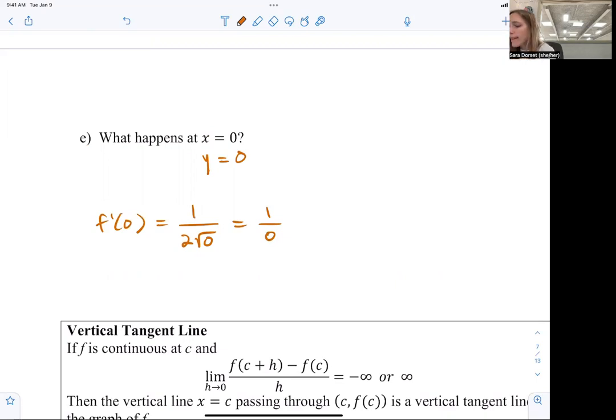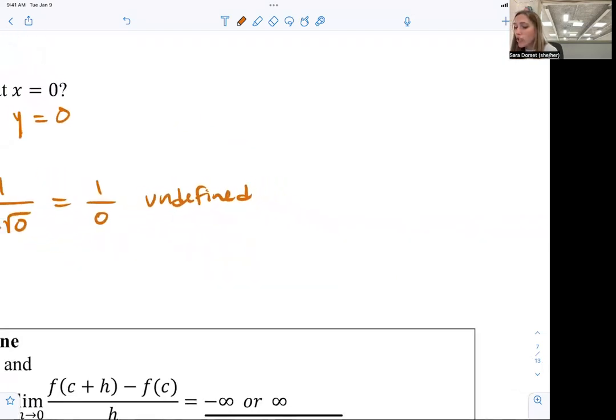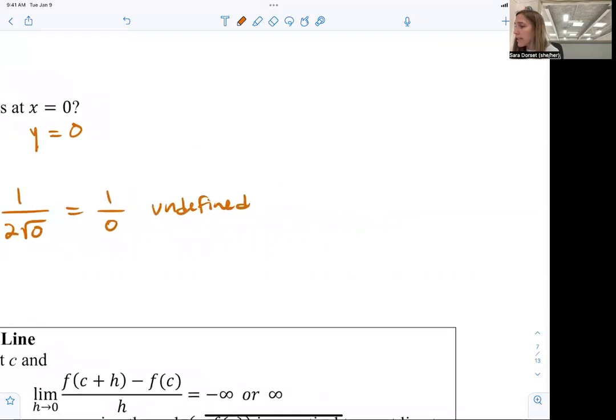So you guys, what this means is that since the derivative is undefined at x equals 0, similar to when you've just studied functions, f prime, the derivative, is its own function, which means there is a vertical tangent line at x equals 0.